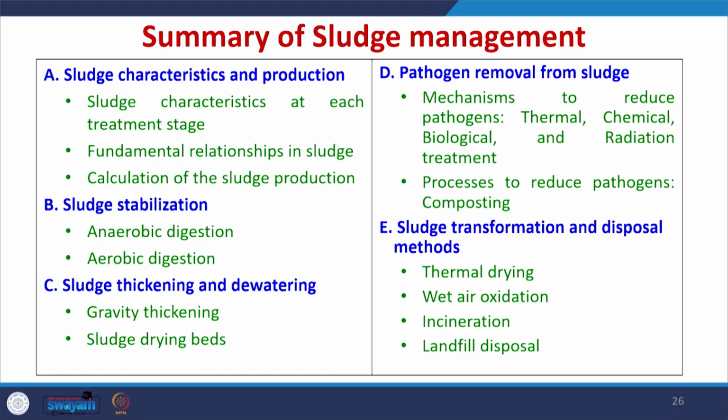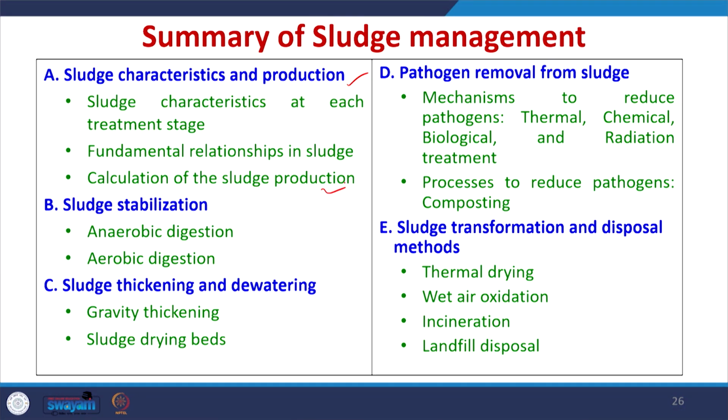So, this is it. We have studied the various aspects of sludge management in the previous few lectures. We started with understanding the sludge characteristics and its production, how the sludge is produced and what the different characteristics of the sludge are in each of the stages. We also understood the fundamental relationships in sludge and further performed some calculations with respect to sludge production.